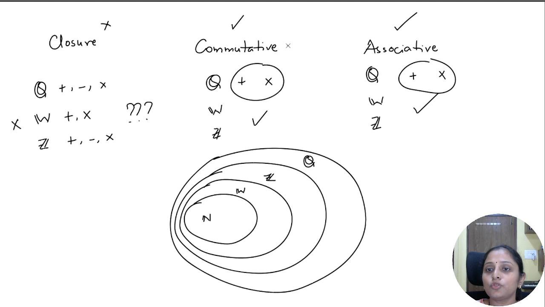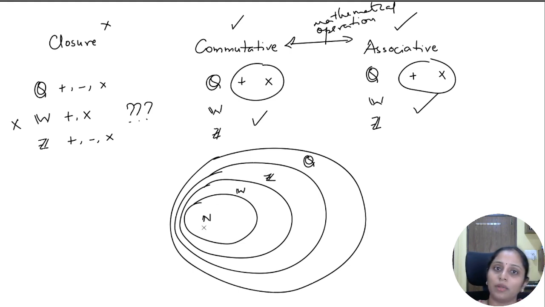So these two properties are more about the mathematical operation that you are talking about, right? So if a mathematical operation is behaving in a certain manner for the set of rational numbers, then you can conclude its behavior for the subset, which is the integers or the whole numbers, or even for the natural numbers, right?